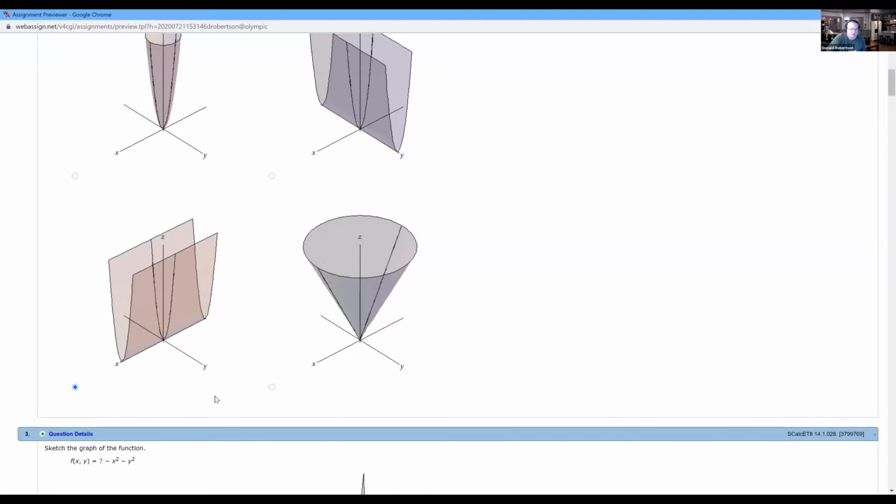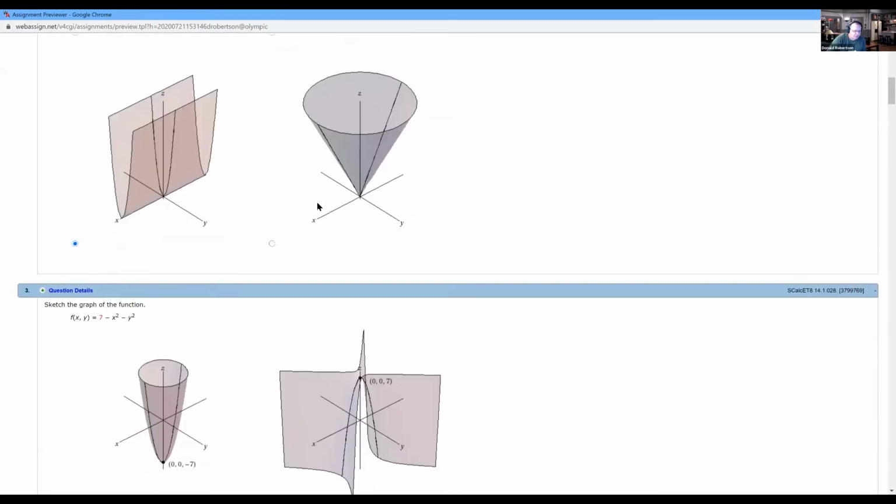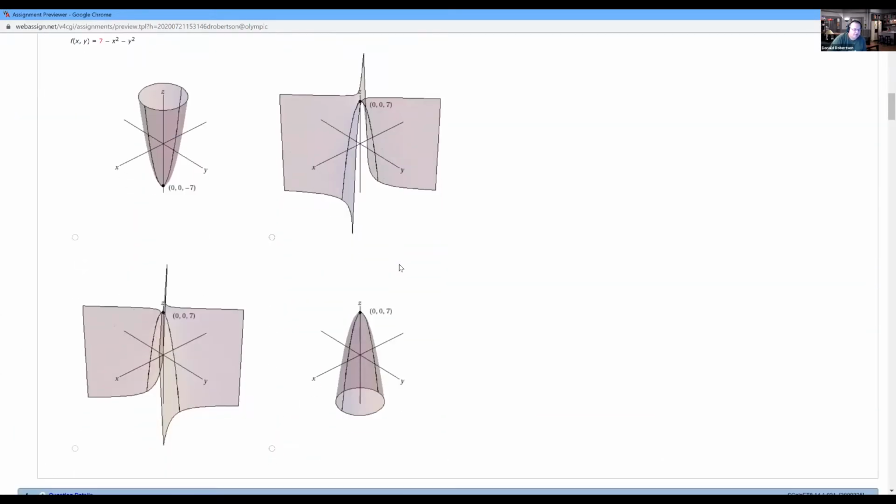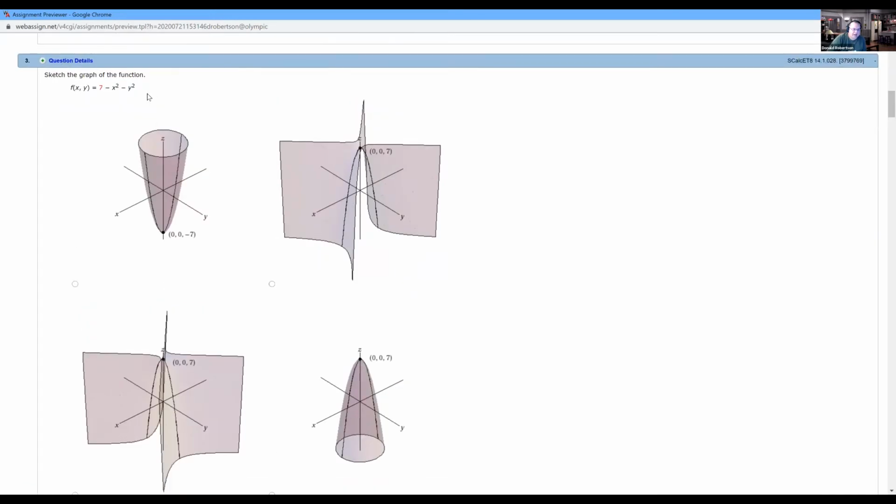I mean, you can use GeoGebra, but if you can see it, it's just so much better. To be honest, I can't see this one, so I'm not sure myself. Let's see if I can visualize it just from the information. It looks like you start with a big value and then you take away stuff. So that should mean that at the origin it's taller and then it disappears downwards.